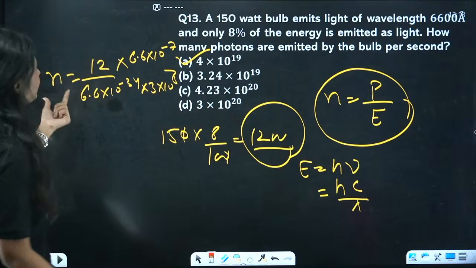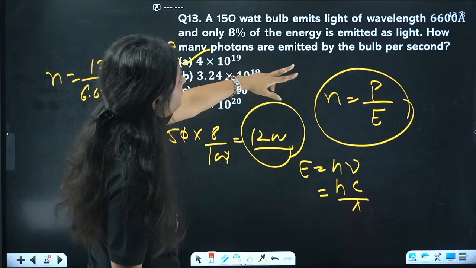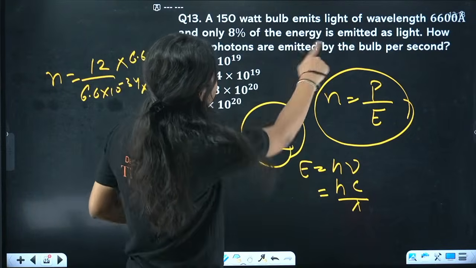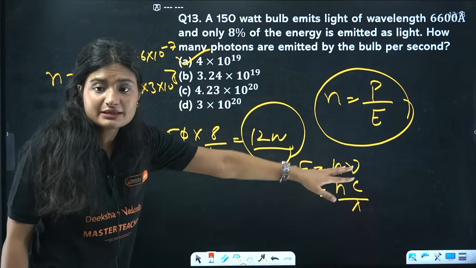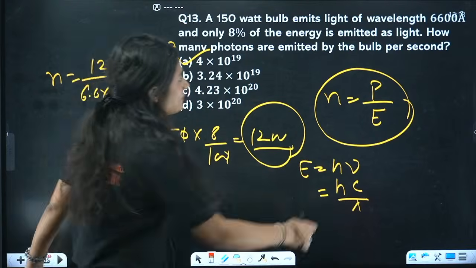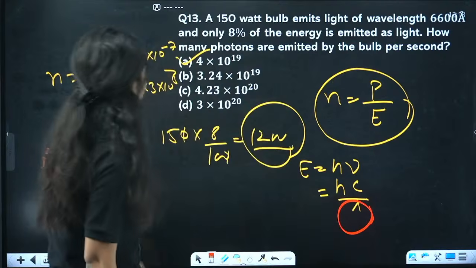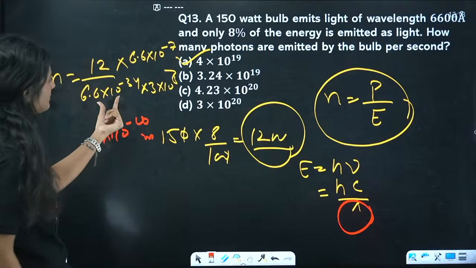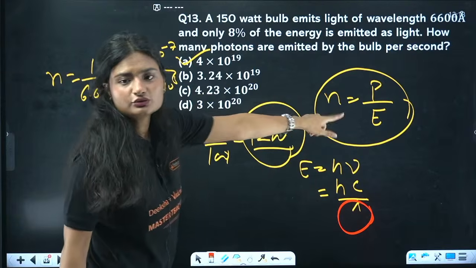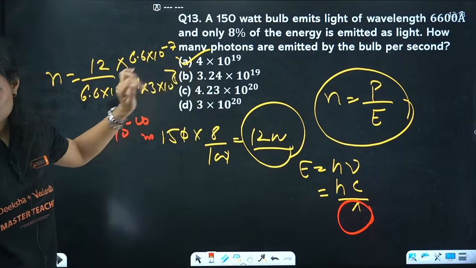We have wavelength, right? So energy is hc by lambda. Energy is h nu, nu is c by lambda. Lambda is given to us, 6600 angstrom. 1 angstrom is 10 raised to power minus 10 meter, right? So we just multiply it by that and do the calculation. The answer will be 4 times 10 raised to power 18.